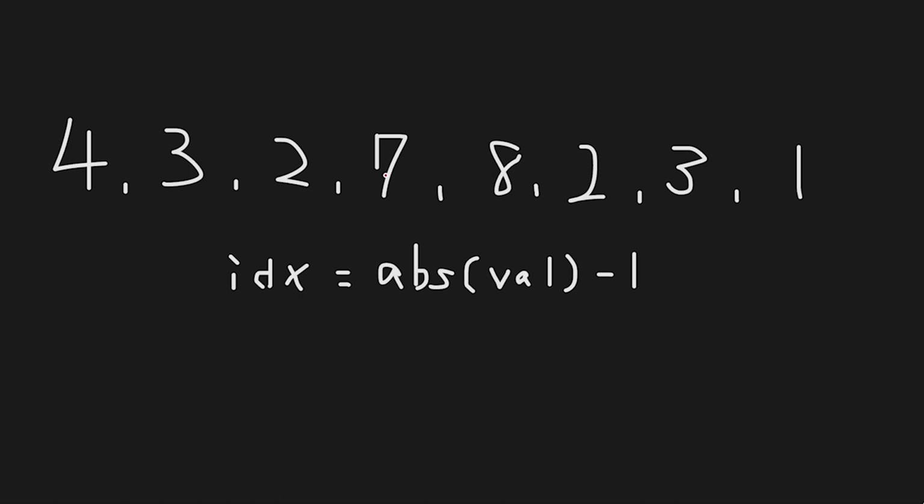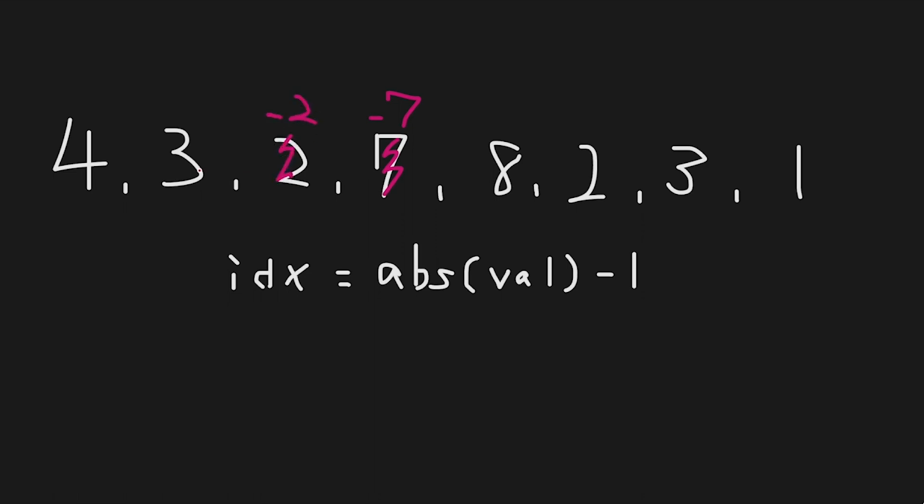In this case, 7 is positive, so we change the 7 to minus 7. And then move next. Again, we use 3 to calculate the index number. 3 minus 1 is 2. So 0, 1, 2. If the number at index 2 is positive, then change it to negative by multiplying by minus 1. In that case, we change it to negative 2.